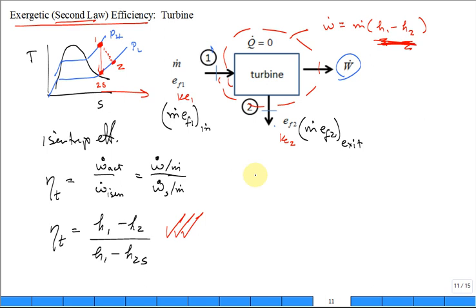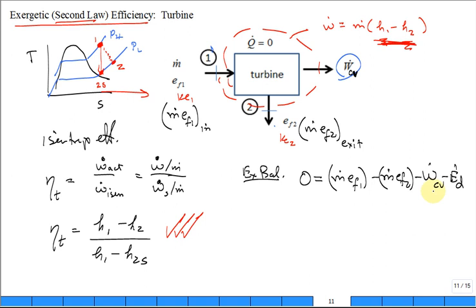So if you write an exergy balance, it makes it a little clearer, but let's say it's steady state. What do we have coming in? M dot EF1 coming in, minus M dot EF2 going out, minus W dot CV, sometimes put a CV on that, minus E dot D. So this is M dot EF1 minus M dot EF2.